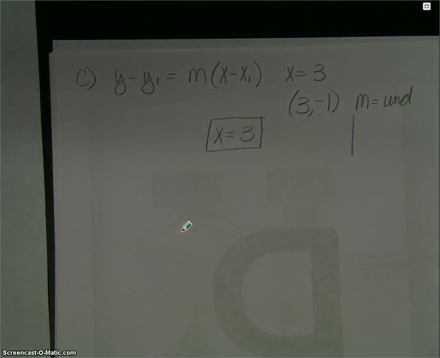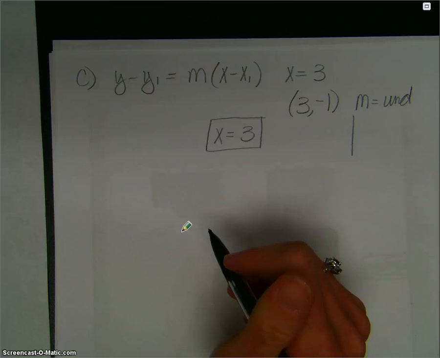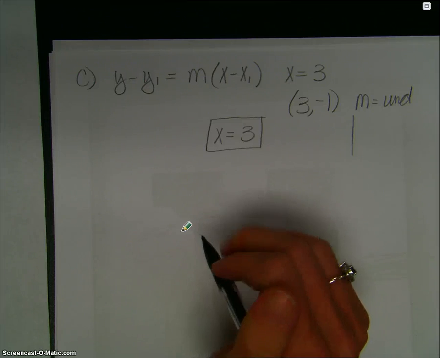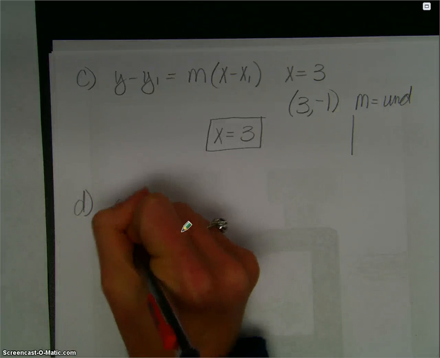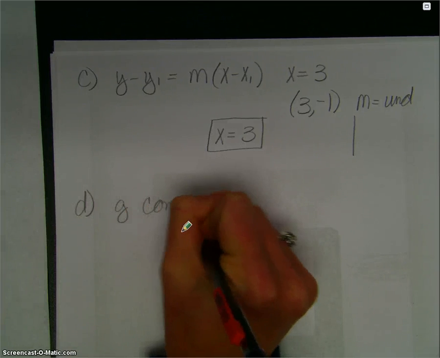Finally, I want to find the x-coordinate of the points of inflection on this graph. A point of inflection is where G is changing in concavity. So with G, we are talking about concavity.